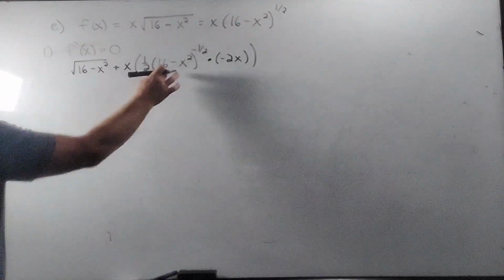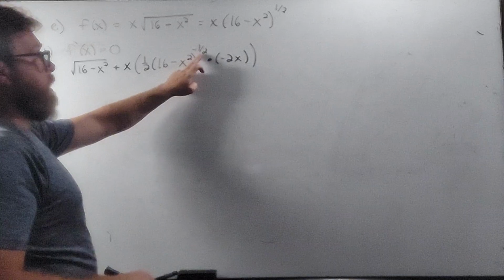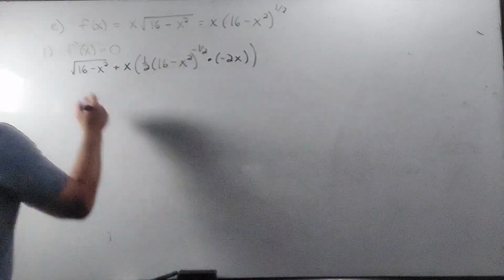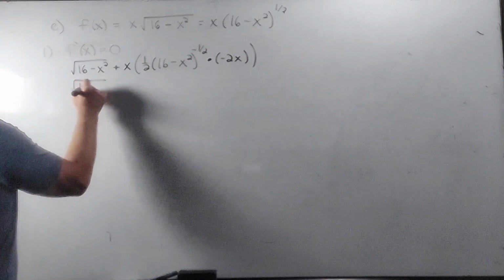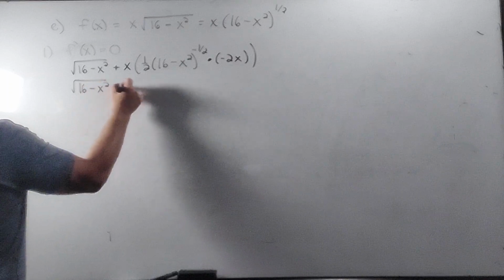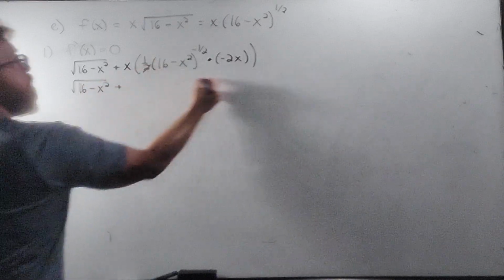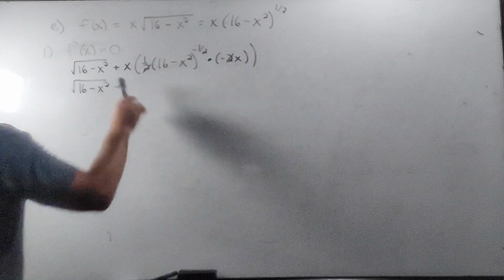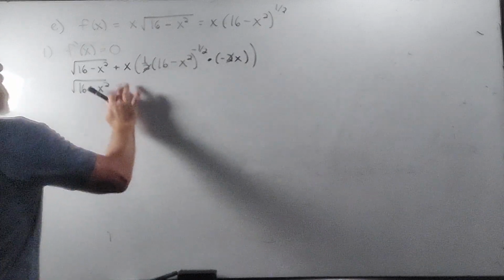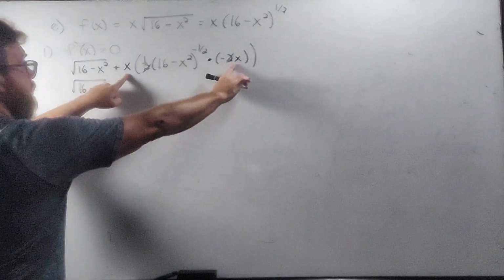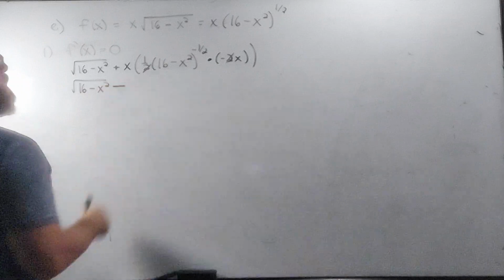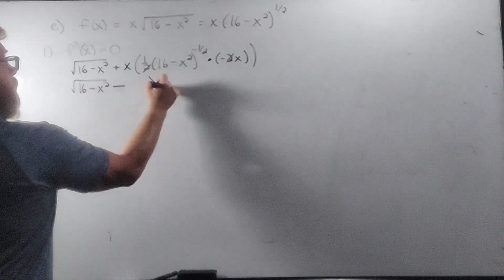So this is going to be a fraction because I have a negative power here. So let's rewrite this. Square root of 16 minus x squared plus, at least those 2's will cancel through multiplication. But this is actually not going to be a plus, it's going to be a minus because I have x times a negative x. So this would be minus x squared.